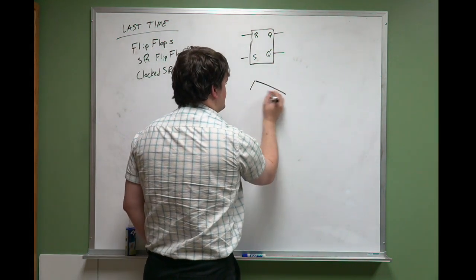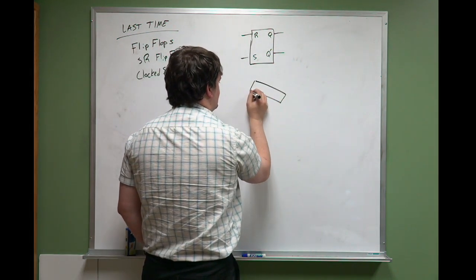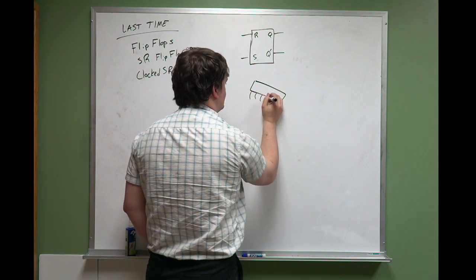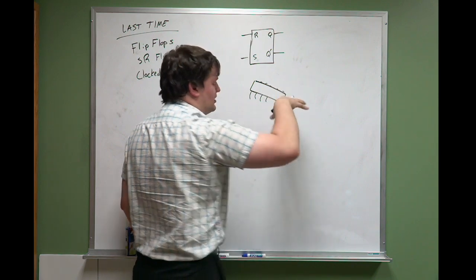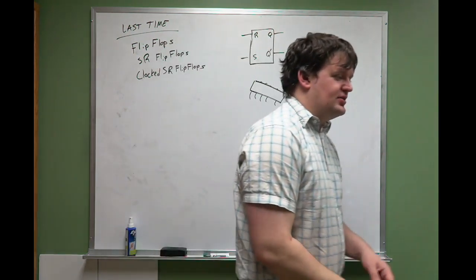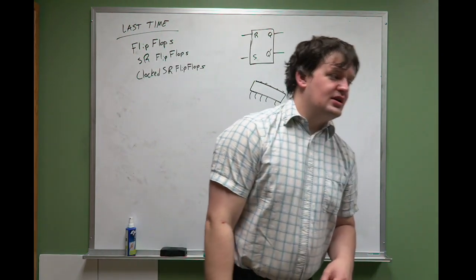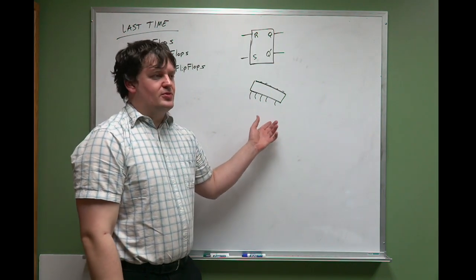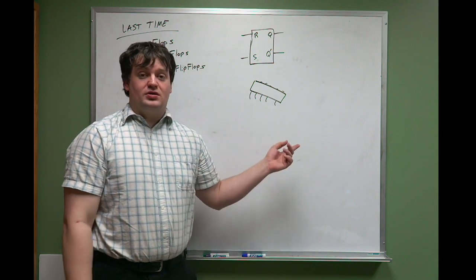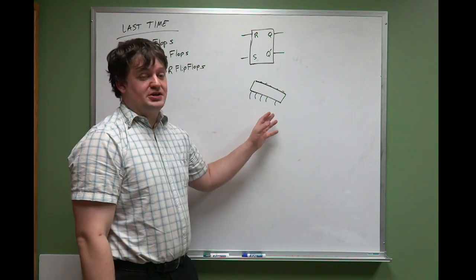In reality, the chip probably looks something like this, and it has a bunch of pins coming off of it. You would take this and actually physically plug it into a Raspberry Pi board. No, not a Raspberry Pi board. A breadboard. These are oftentimes made for plugging into breadboards.